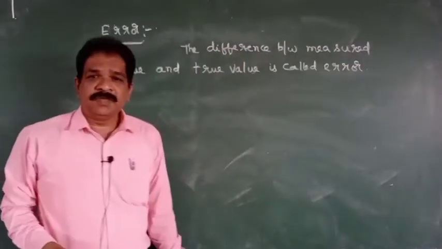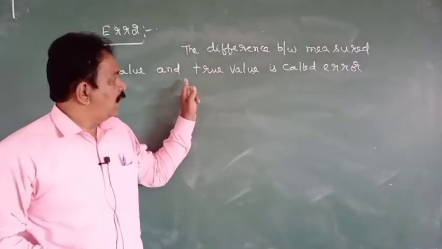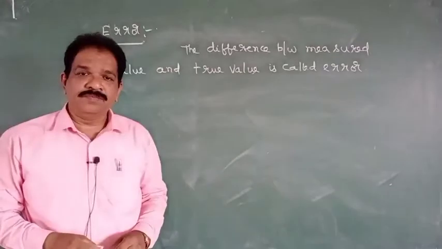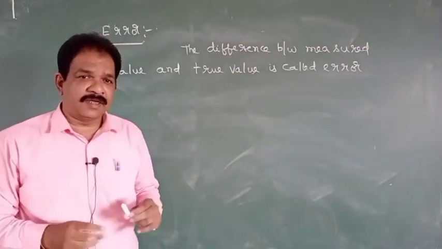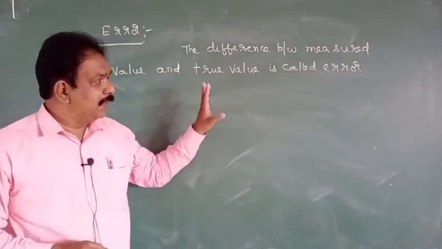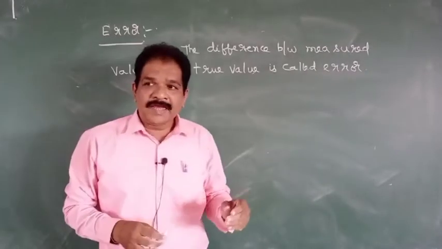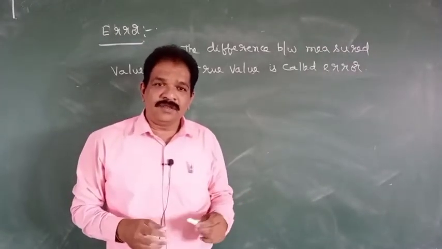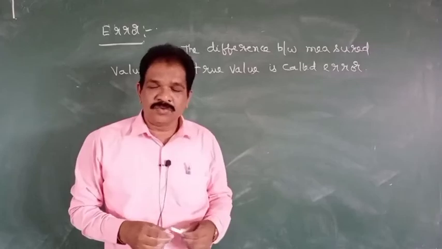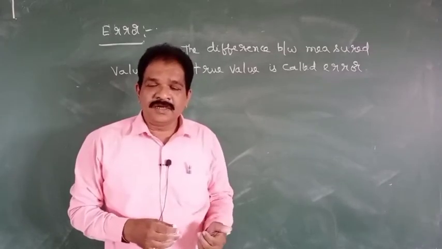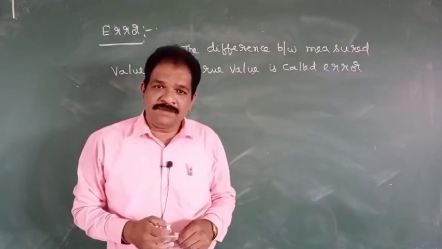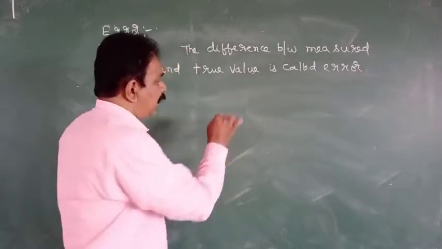The difference between measured value and true value will be called the error. What is the meaning of that? See, acceleration due to gravity. The second lesson, motion in a straight line, is where the acceleration due to gravity term will come.